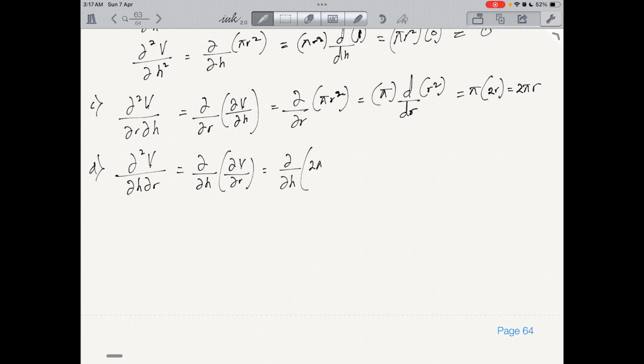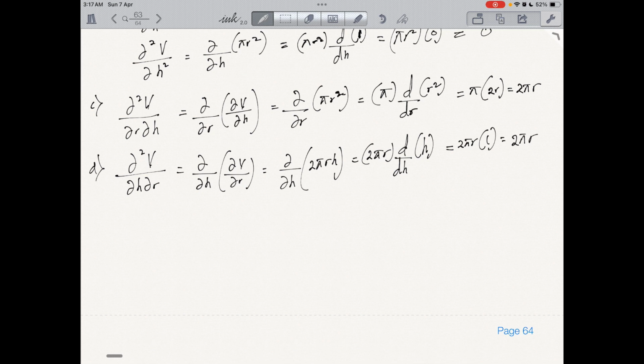Since we are differentiating partially with respect to h, all other things are kept constant. So we have 2 pi r, and full differentiation with respect to h of h. And we have 2 pi r multiplied by 1, and we have 2 pi r.